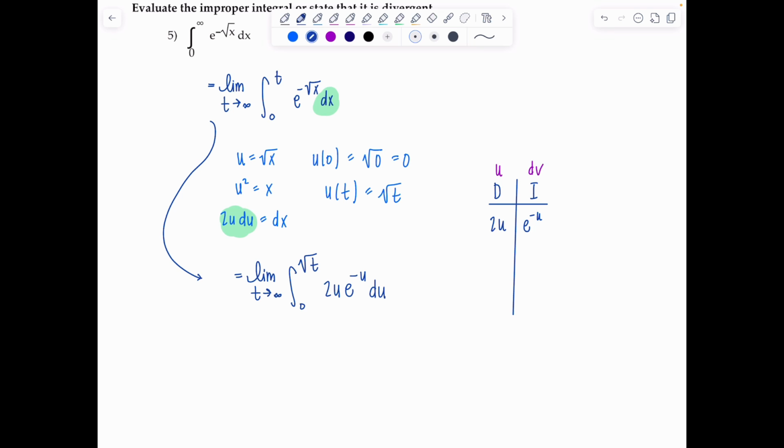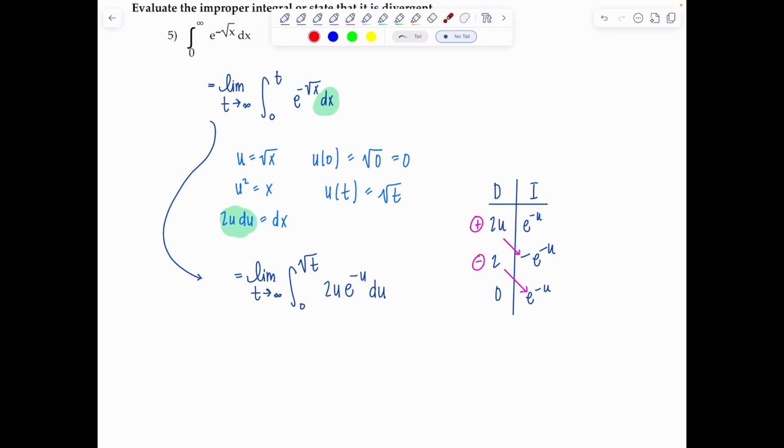Now let's keep taking derivatives till we get 0. So 2, 0, that was quick. And then the antiderivative of e to the negative u is negative e to the negative u, and then one more. Then we take our diagonal products, and don't forget to alternate the signs. I started putting the pluses and the minuses out here instead of above the arrow like I used to, copying my students. They did this and I'm like, oh, that looks so much less squished.